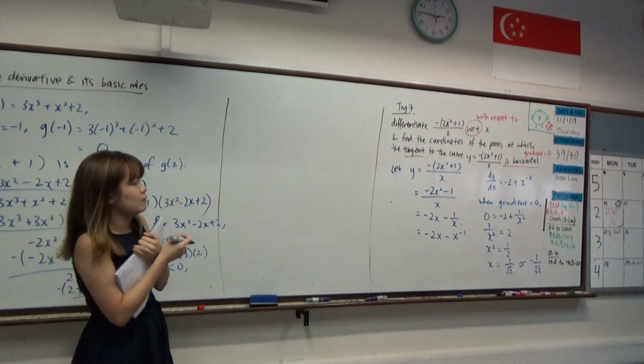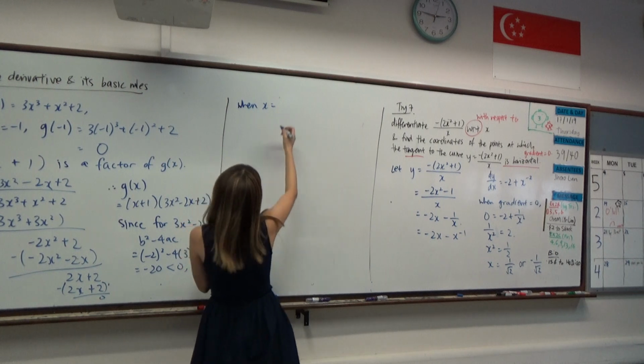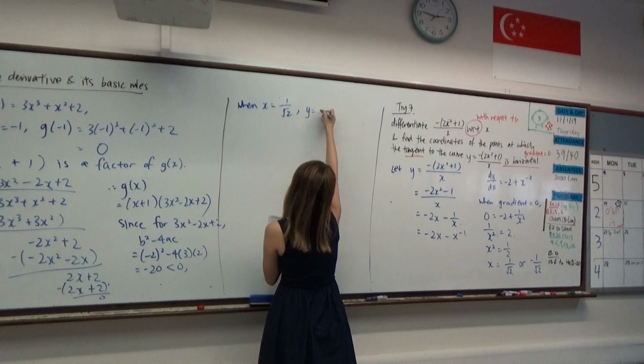So now that we have two values for x, when x is equal to 1 over square root 2, we will find out the value of y.